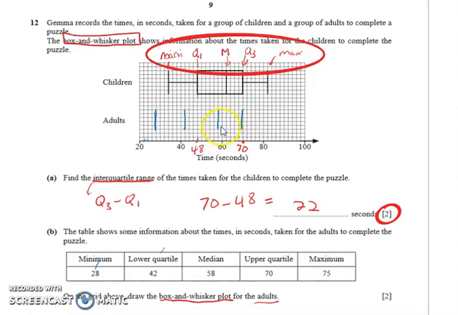And then the maximum here goes up to 75. 75 here will be 74. 76 will be here.